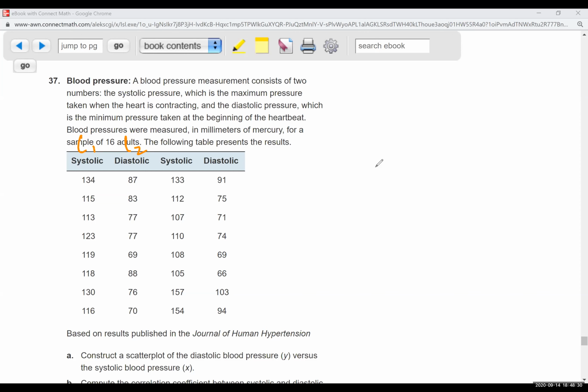So practice: construct a scatter plot. And that's for letter A. So you should have a graph, a scatter plot.